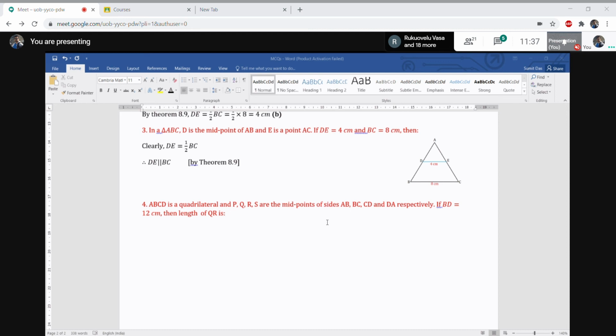ABCD quadrilateral, PQR are midpoints of AB, BC, CD. Okay, so we have to find the value of QR.